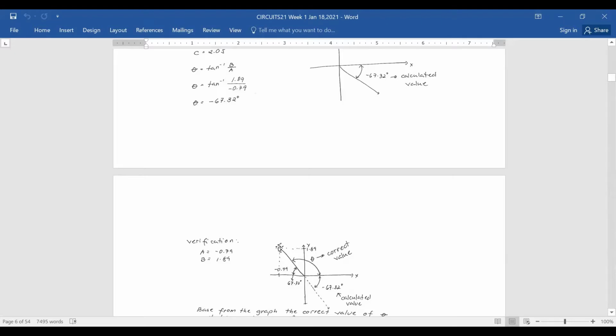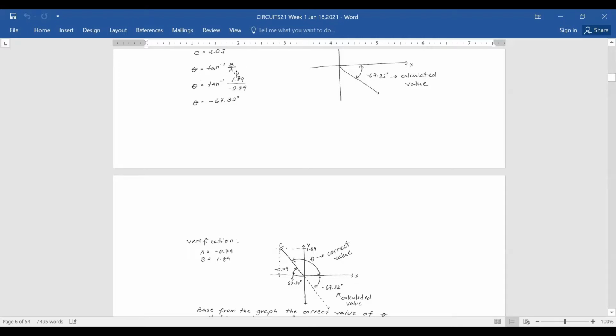So the location of the sum of our two sinusoids must be here, in the second quadrant, not in the fourth quadrant as before, simply following the formula theta equal to arctangent b over a.